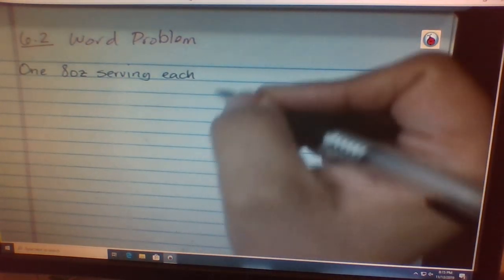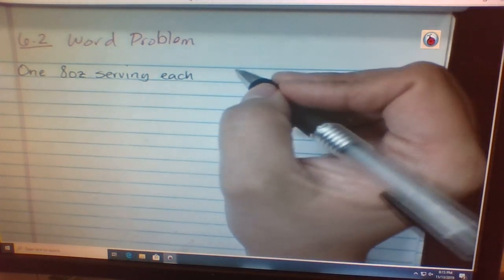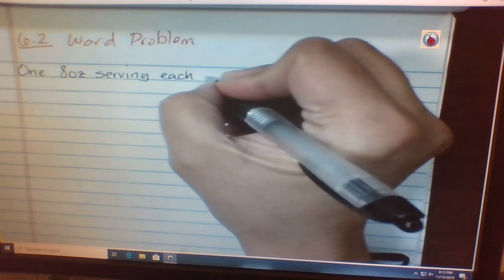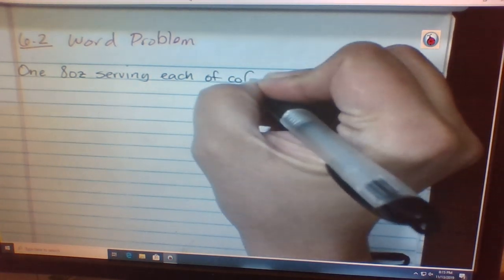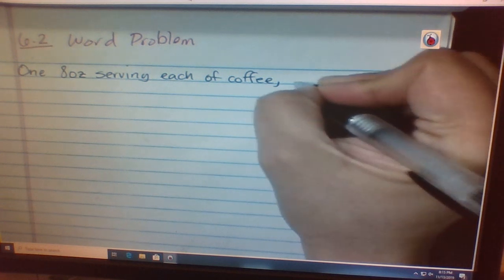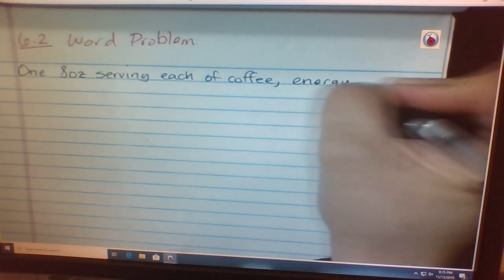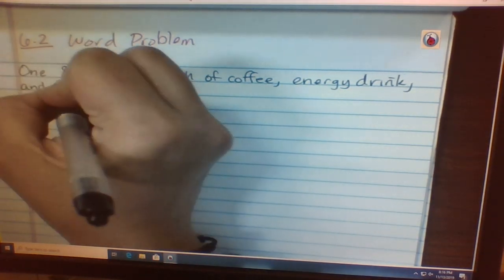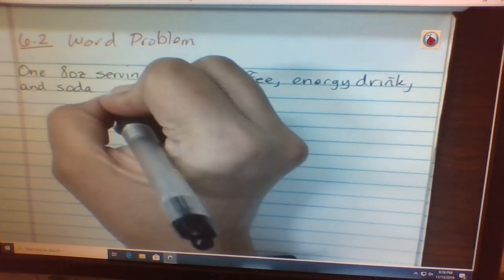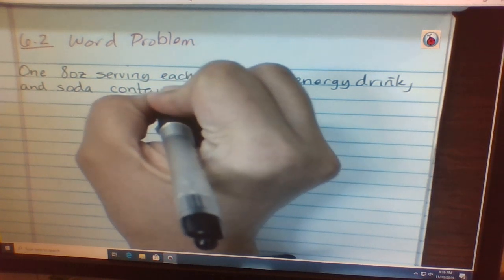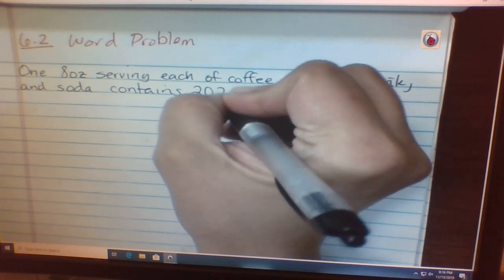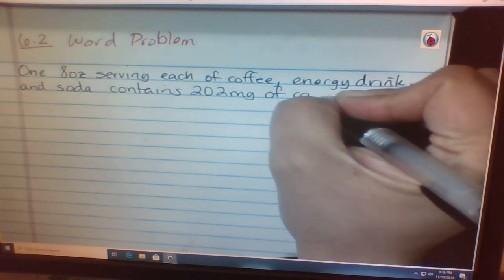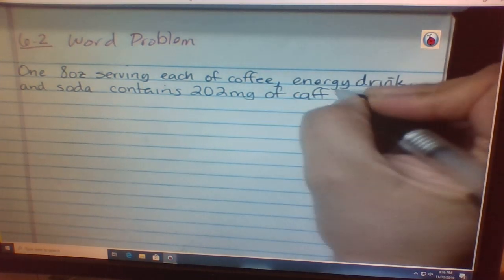So it's a whole story. 1 8-ounce serving each of coffee, energy drink, and soda contains 202 milligrams of caffeine.